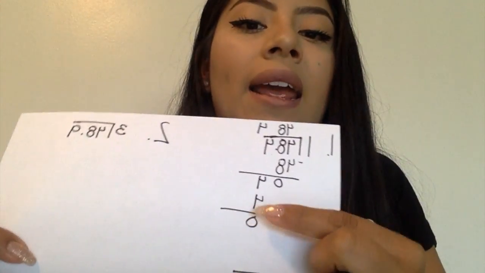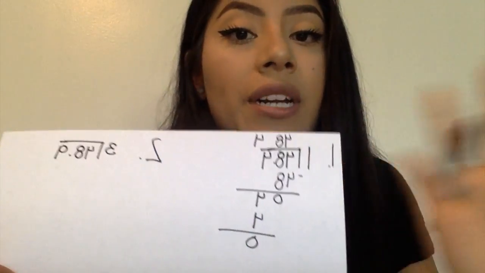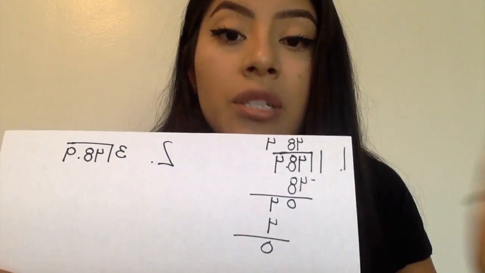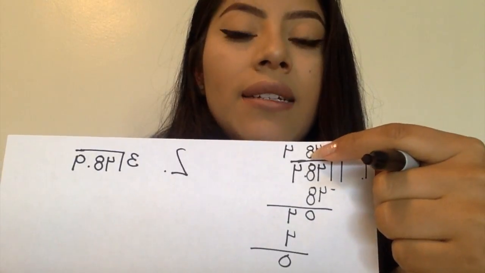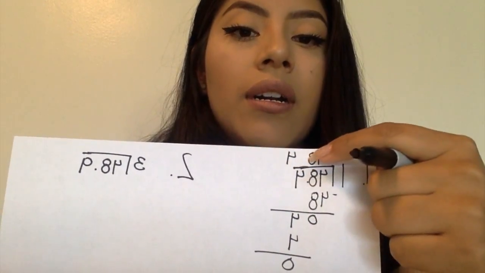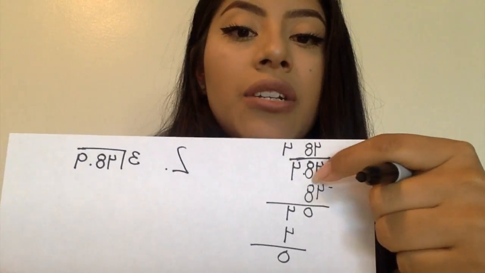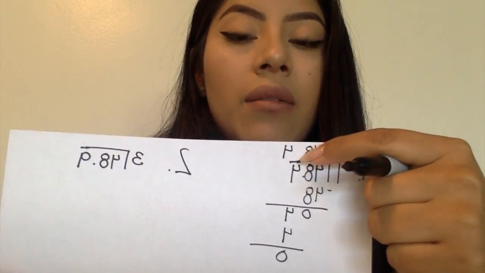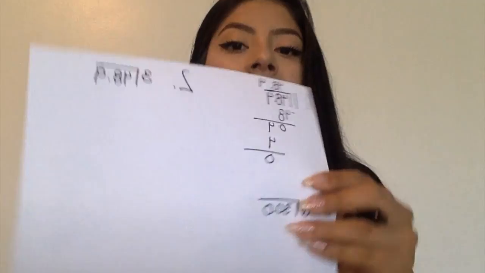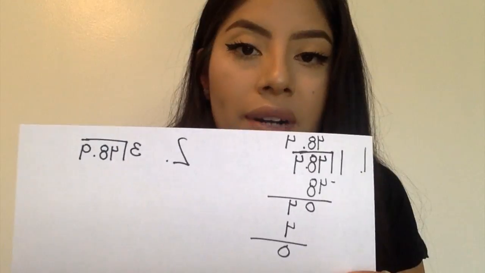Now we are at a 0, so we're done. We can't do anything else after that. Once we hit 0, we're good to go. So we are left with 48 and 4. Our first initial number was 48, so let's go ahead and add a decimal right above there. So now our answer is 48.4.